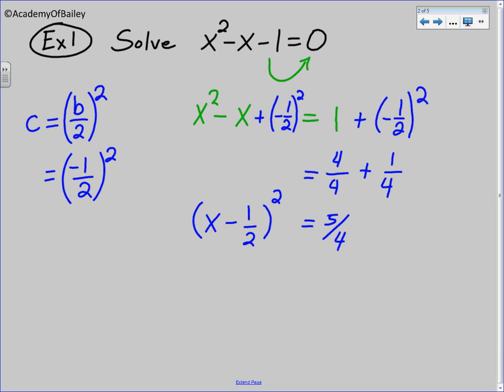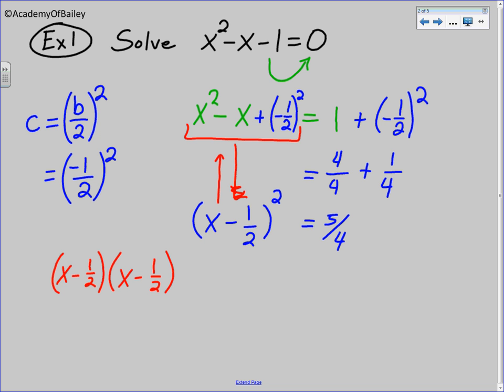Now you might ask why I'm doing that, but pay attention. What we're doing is going from here down to here. Well, if you're not familiar with how to do that, let's try to go from here to here. X minus 1/2 squared should be this right here.